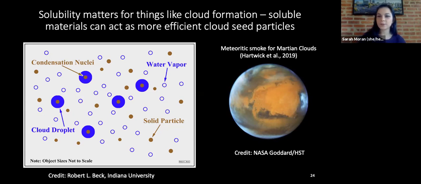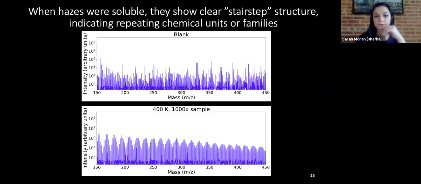She led this paper that showed if you just account for meteoritic impacts impinging on the upper atmosphere, the smoke from those impacts is actually enough of a cloud seed to kickstart the cloud formation where we need it to be on Mars. So I think it's a really beautiful example illustrating the importance of caring about cloud condensation nuclei, which we're seeing maybe our hazes can act that way for polar condensable materials.